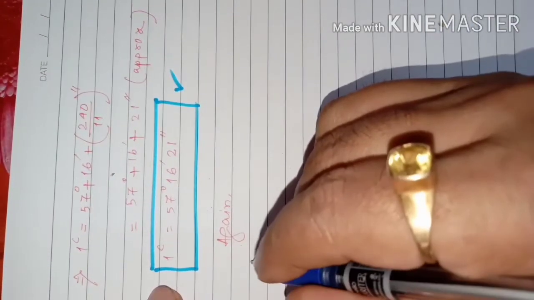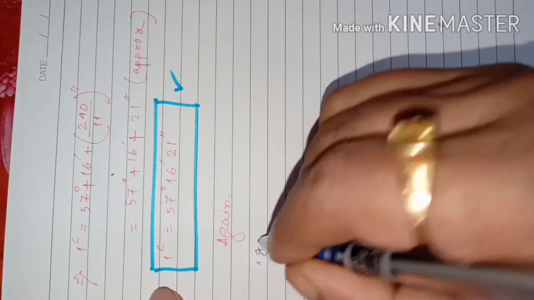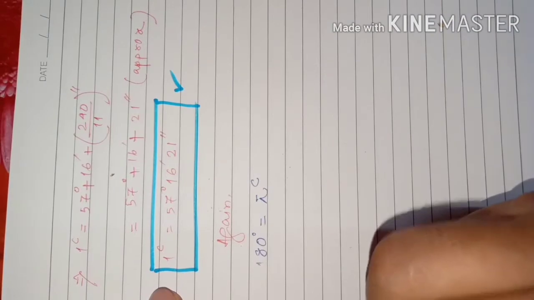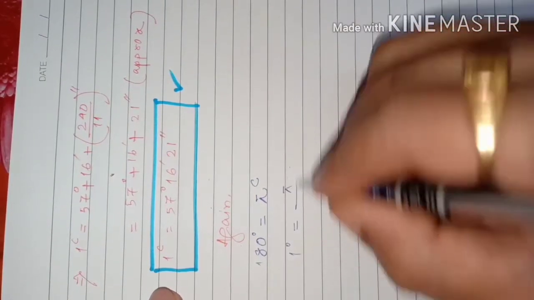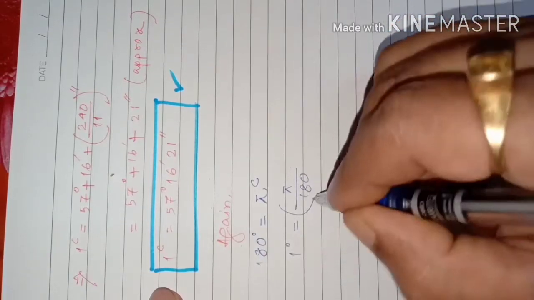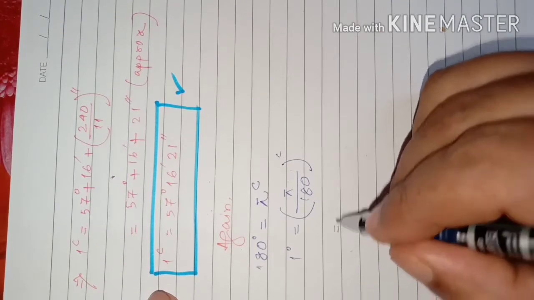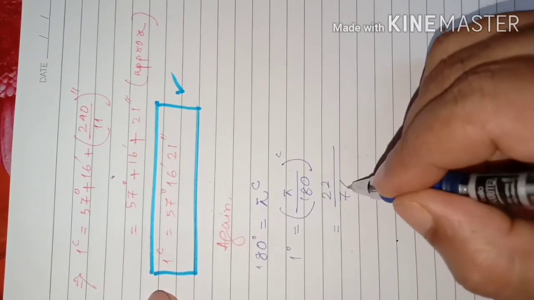You know that 180 degree is equal to pi radian. Then 1 degree is equal to pi by 180 radian. Then pi is 22 by 7. 22 by 7, 7 will go down into 180.